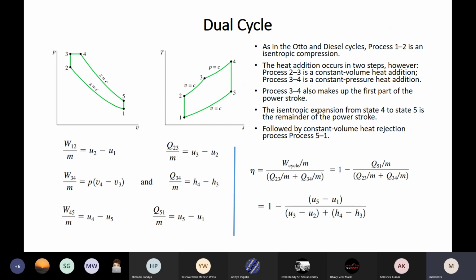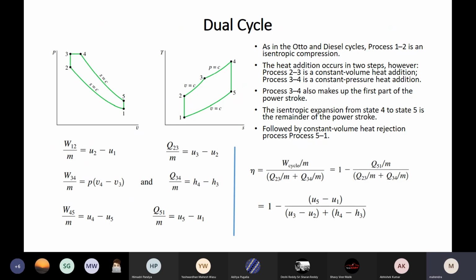And now, dual cycle. Why are we calling it dual cycle? It has both the characteristics of auto cycle as well as diesel cycle. What is the heat addition process in case of auto cycle? Constant volume heat addition. What is the heat addition in case of diesel cycle? Constant pressure heat addition.